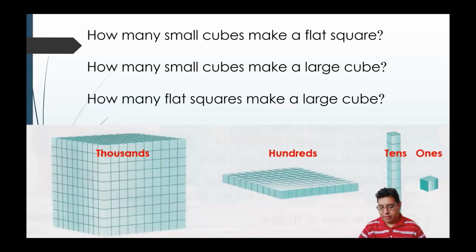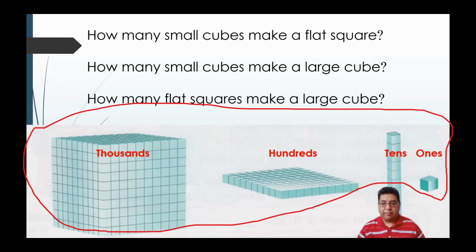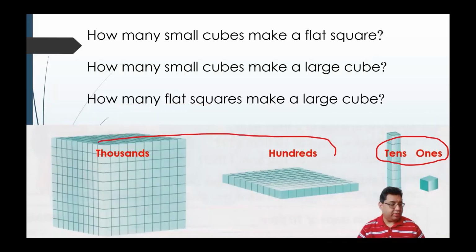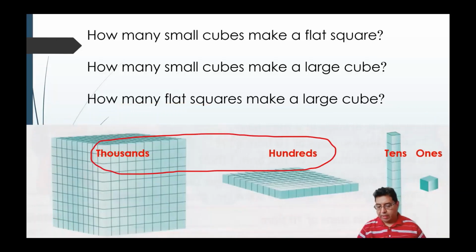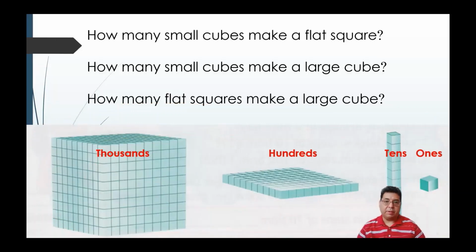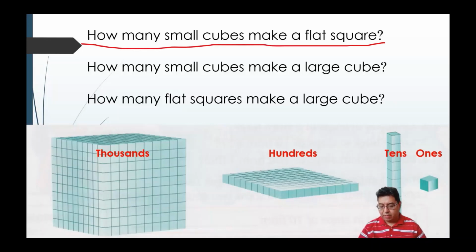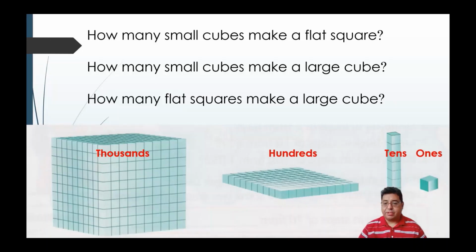And as you can see, I've got these base 10 blocks here that you're looking at. I've got ones, tens, hundreds, and thousands. And I've got some questions here to help us better understand how we're going to do the lesson today. Now, this question I have here is, how many small cubes make a flat square? So we've got the ones base 10 block cube.